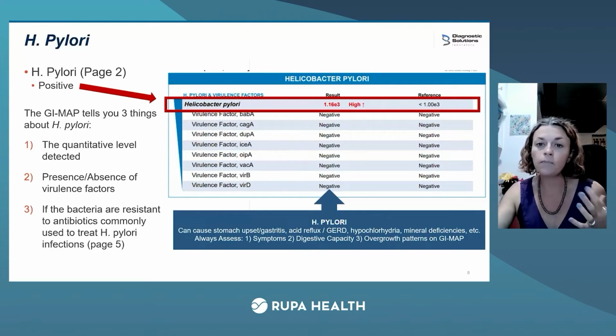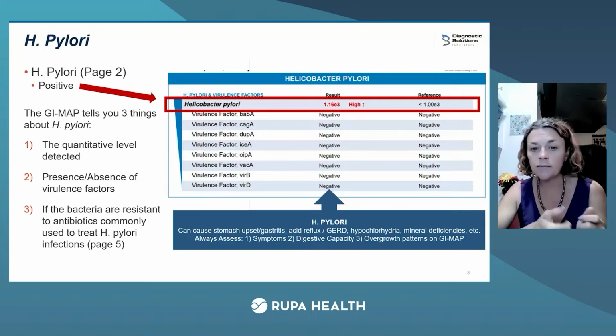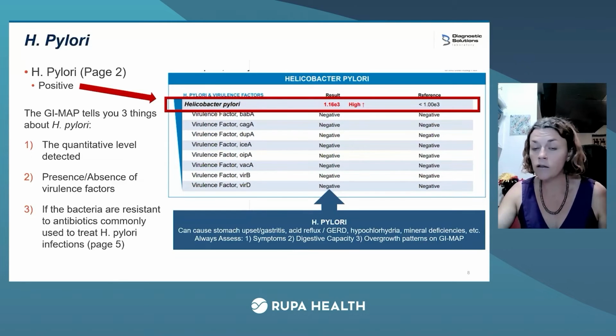But when I am determining the clinical relevance of the H. pylori result on a GI map, my assessment is going to involve, first, what are the symptoms, what is the patient experiencing. If they're experiencing these upper GI dyspeptic type symptoms, then I'm going to be more inclined to treat the H. pylori.